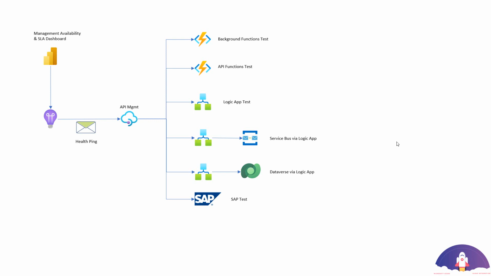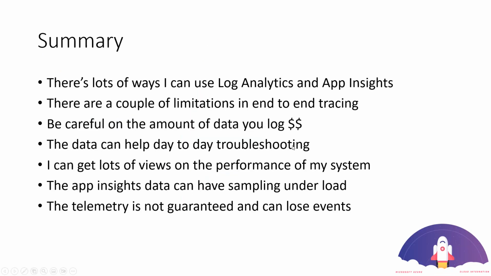Send a message to service bus. And we can also call things like Dataverse via the Dataverse connector and just do a who am I, or via an API, something like that. And also you could integrate through a logic app into your custom application. So you might use a call that checks SAP is available, and you've got a few options here.